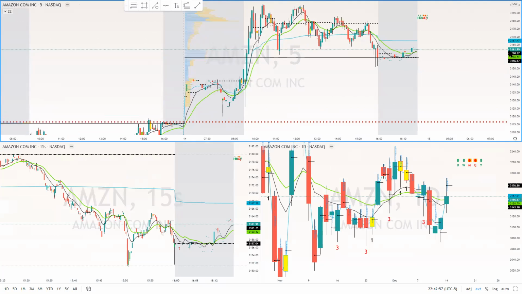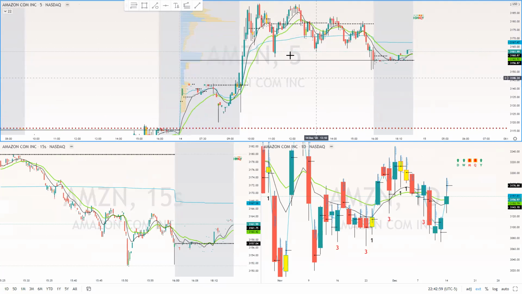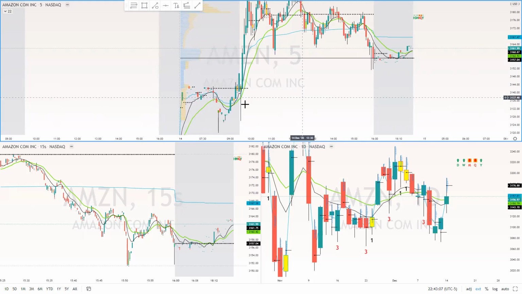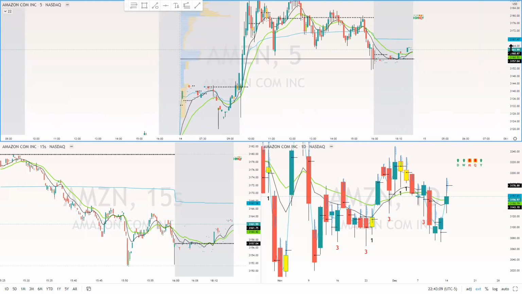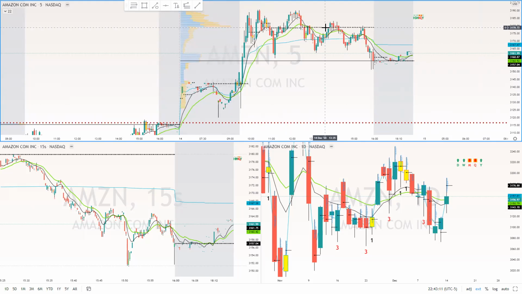So if we look at Amazon, chances are this main point of control line was down lower earlier on. And these little dots represent developing point of control. So where volume by price is shifting to, where the most volume is occurring and changing over the course of the day.